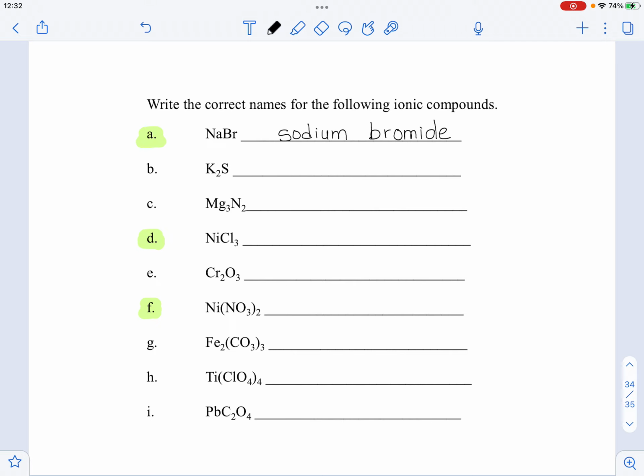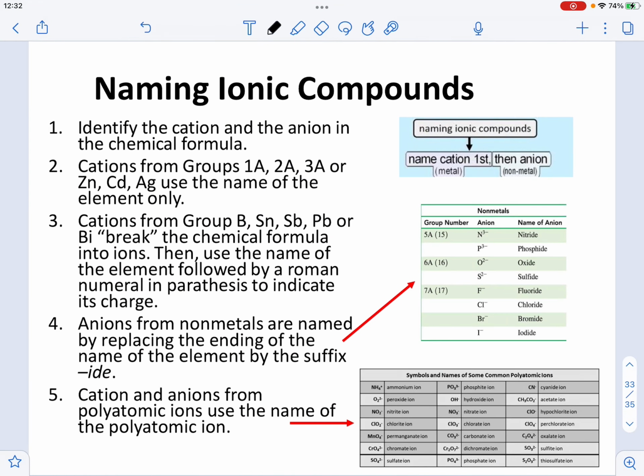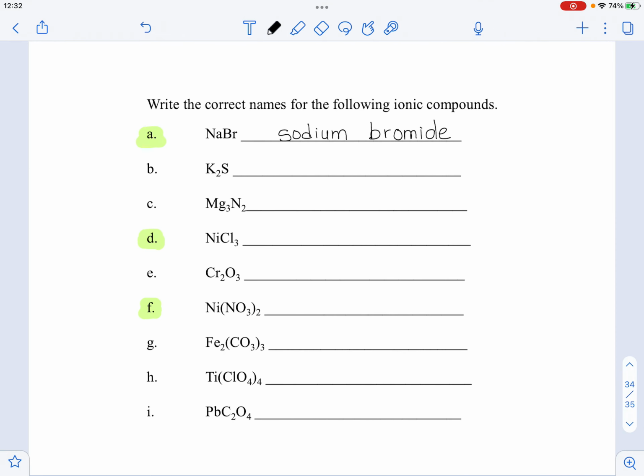If we look at example D, I have a metal of multiple charge, nickel, and I know that it is a metal of multiple charge because it lives in group B, and I'm pairing it with a nonmetal, chlorine. To name something from group B, you need to break the chemical formula into ions.